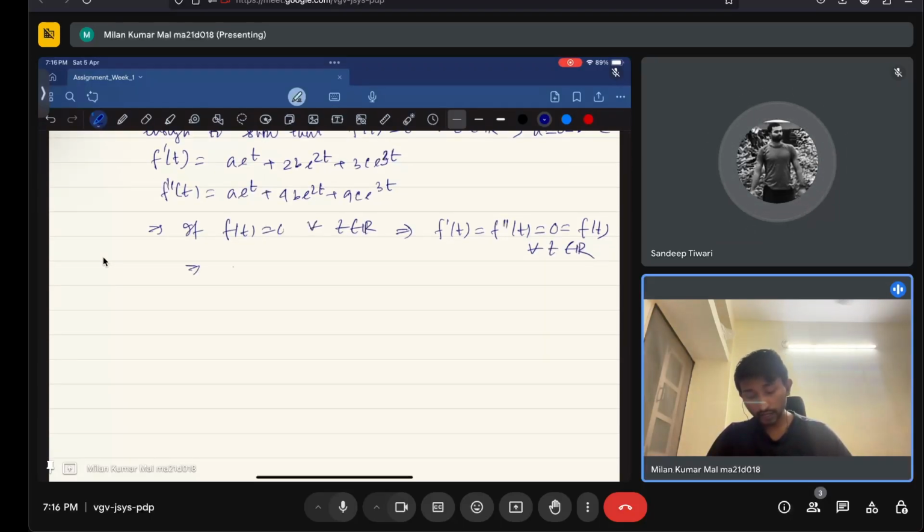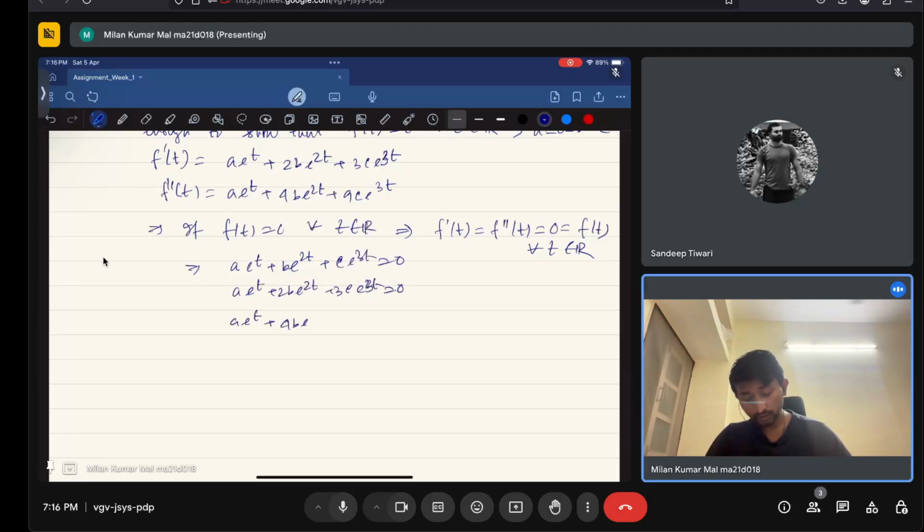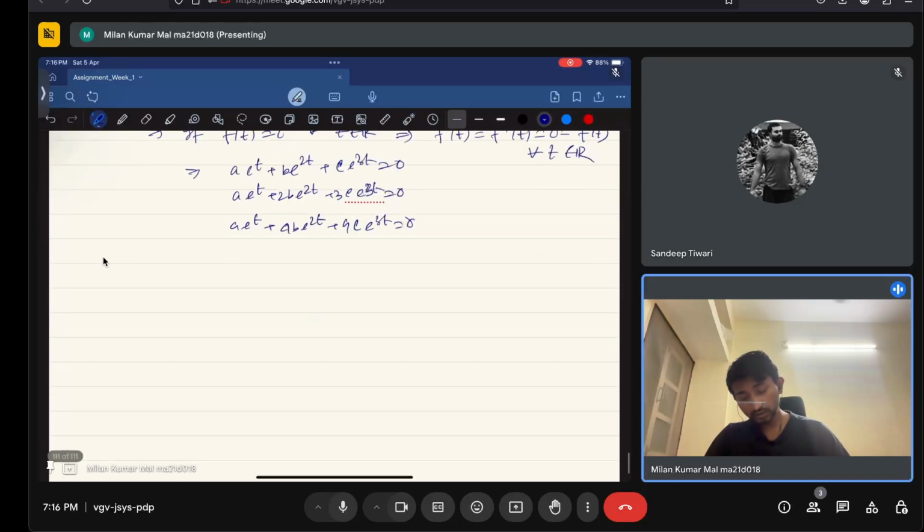So therefore we have a e to the power t plus b e to the power 2t plus c e to the power 3t equals 0, a e to the power t plus 2b e to the power 2t plus 3c e to the power 3t equals 0, a e to the power t plus 4b e to the power 2t plus 9c e to the power 3t equals 0. And this will give the matrix with rows a b c, a 2b 3c, a 4b 9c.